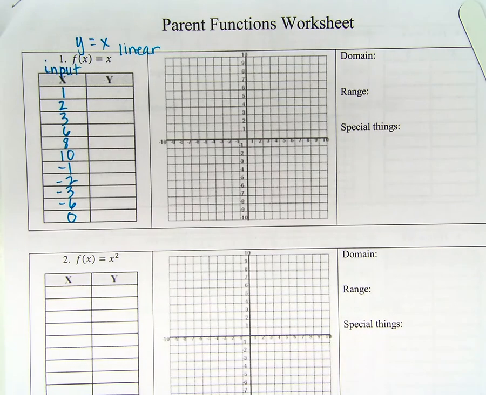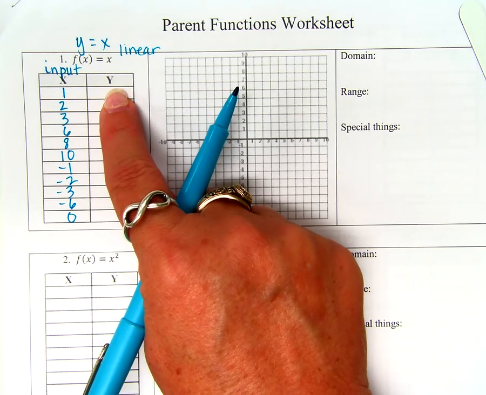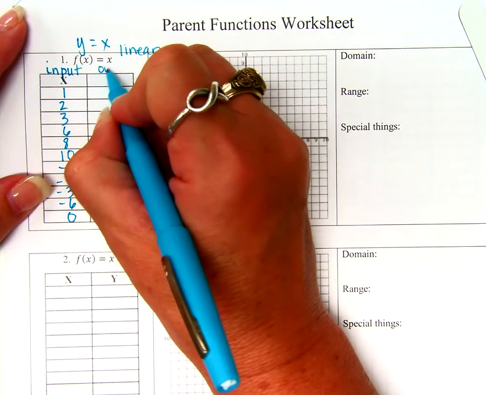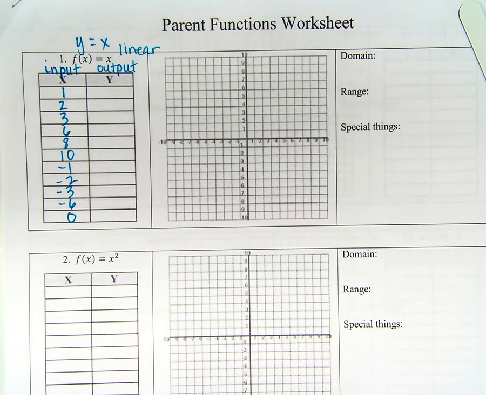Input. Yeah, excellent. Input. So what are we going to get from the y's? The output. Now, is that the only name? No, we have independent variable, dependent variable, we have x, we have y, we have domain, we have range, we have all sorts of words that we're going to talk about in the next couple days.